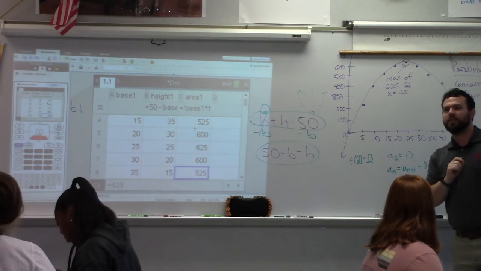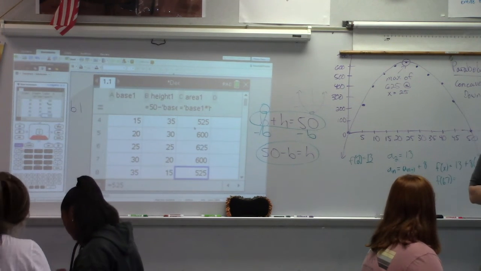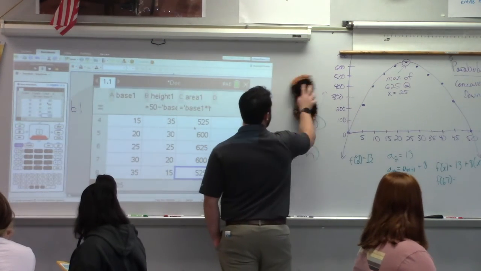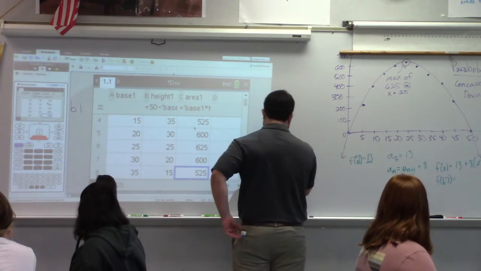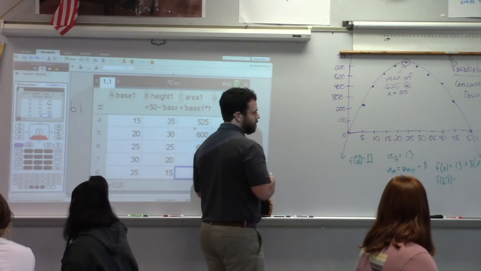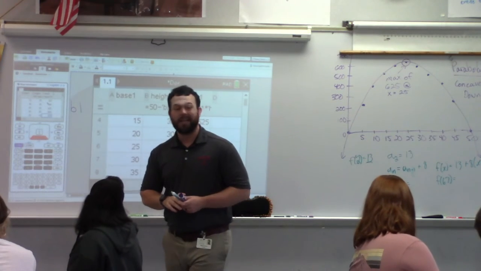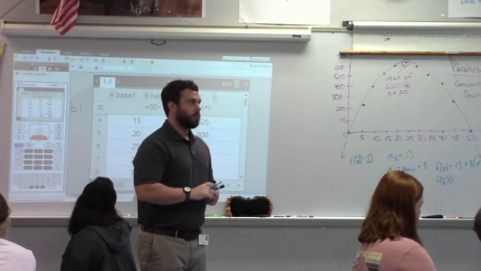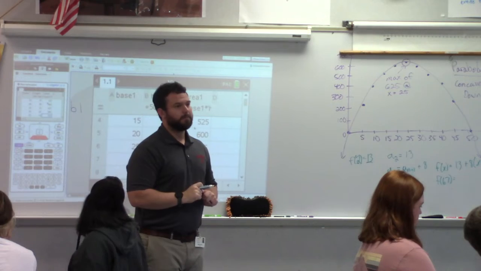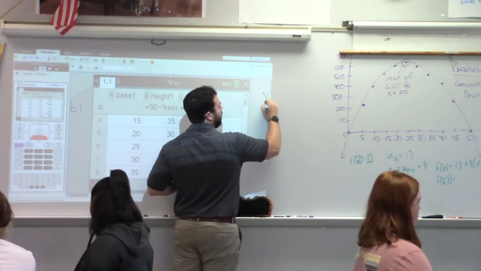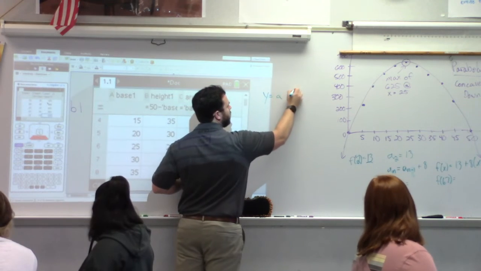But here's where it gets to be important, and I need you to pay attention to this. Because when we talk about functions, how many inputs are we going to have? If you have a function, in my class typically, I don't think I'll ever make you have more than one input. What I mean by that is, think about the exponential equation.